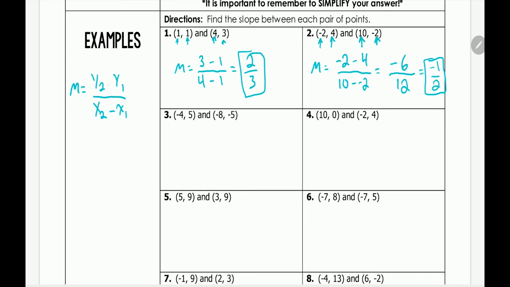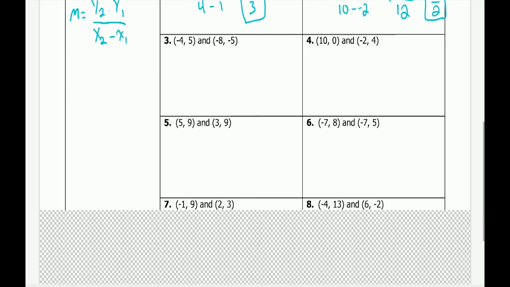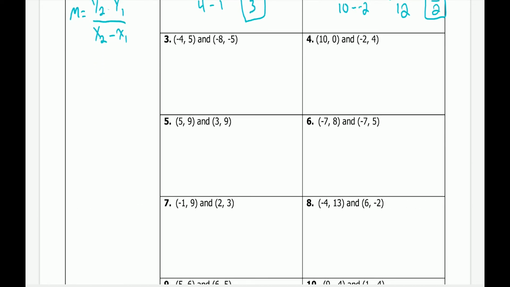Next, we have number 3. We have the 2 points -4, 5 and -8, -5. We take our formula. We're going to take the second y, so -5, minus the first y, over the second x, minus the first x. -5 minus 5 is equal to -10, over -8 minus -4.